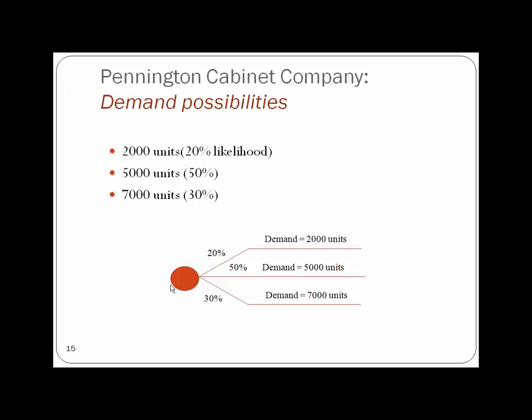I can't select the demand level out there. I mean, I may be able to affect it through advertising or something else, but for the most part, it's an exogenous variable. It's determined outside my control, and that's what I'm trying to emphasize here. We get to this branch here, and there's a 20% probability we go one way, a 50% probability we go another way, and a 30% probability we go a third way.